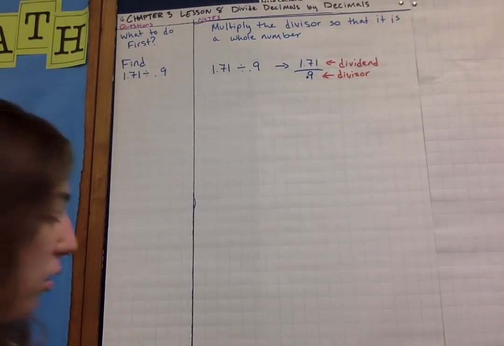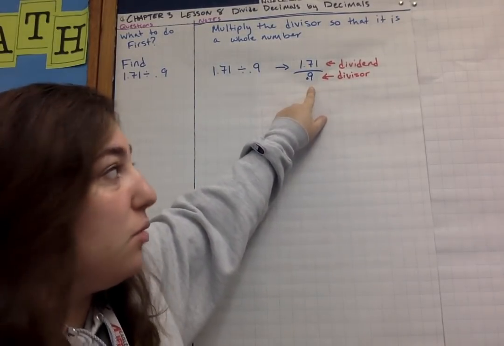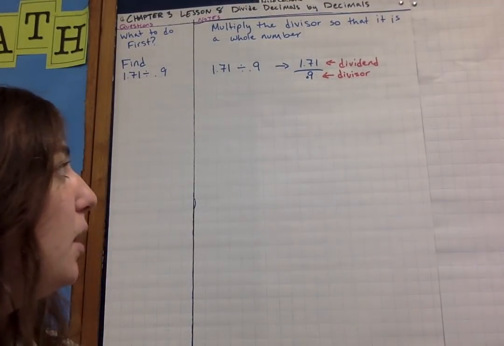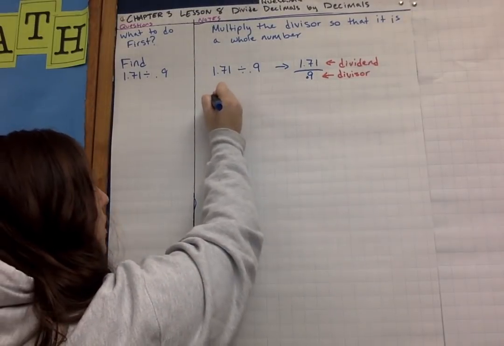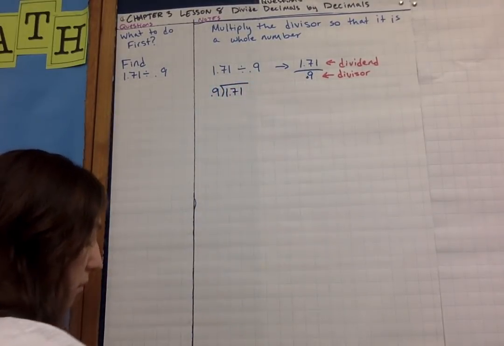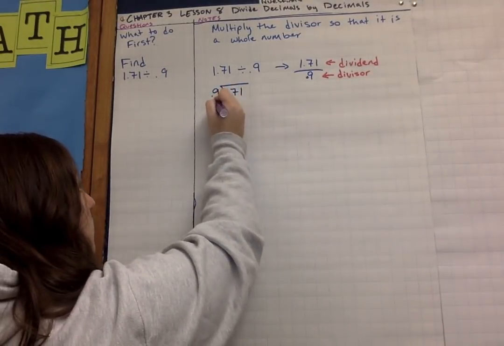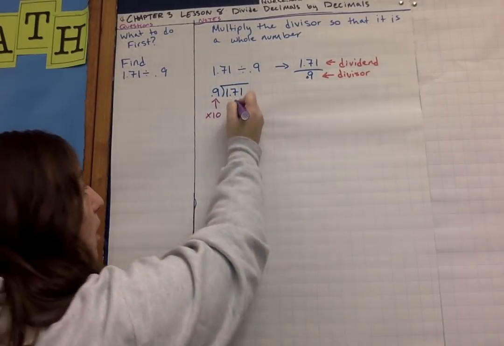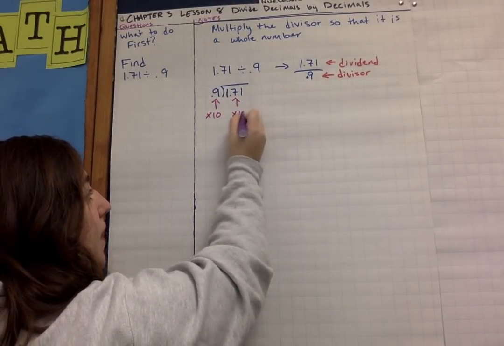Okay, so we're going to multiply the divisor by 10 to get a whole number, but since we're multiplying the divisor by 10, we need to multiply the dividend by 10 so that we keep the ratio of the problem the same. So I'm going to multiply 0.9 by 10, and then I'm also going to multiply 1.71 by 10.